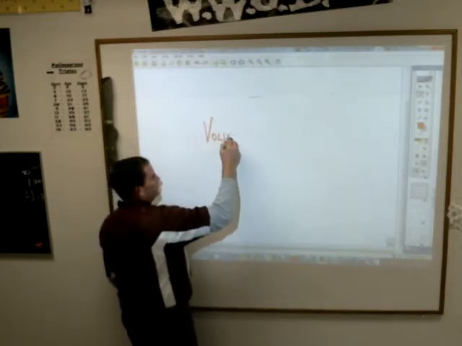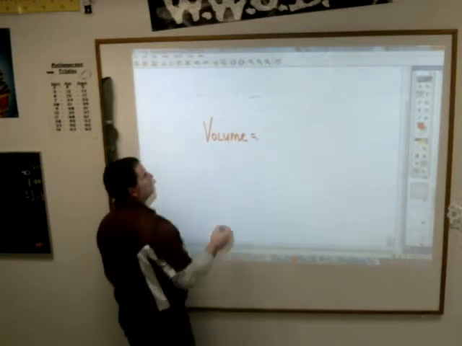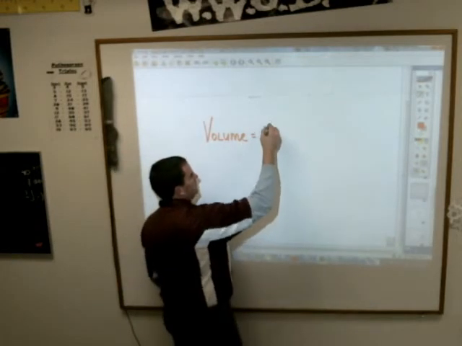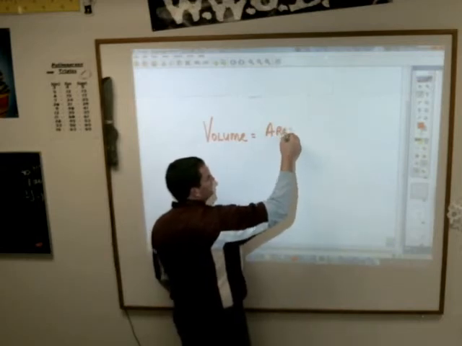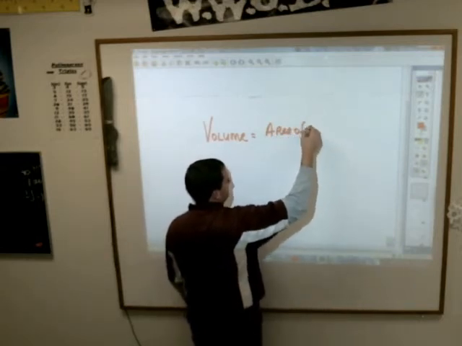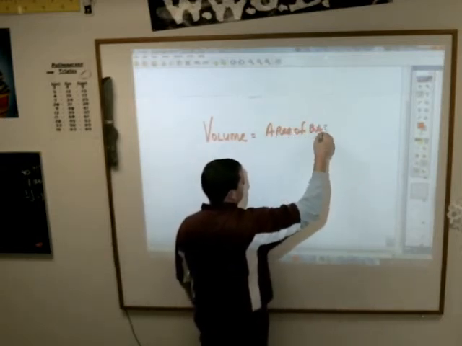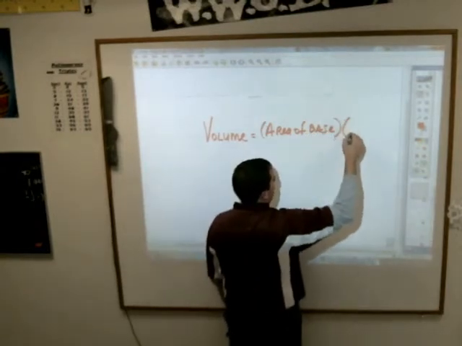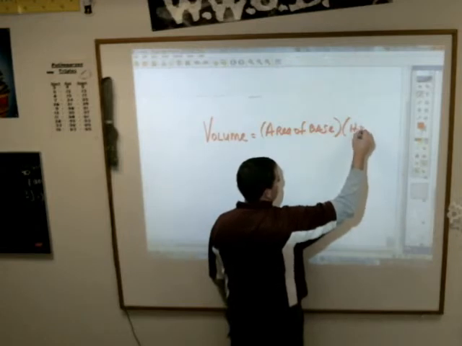Right here, the volume, this is the new formula you're going to use. Volume equals the area of the base times its height.